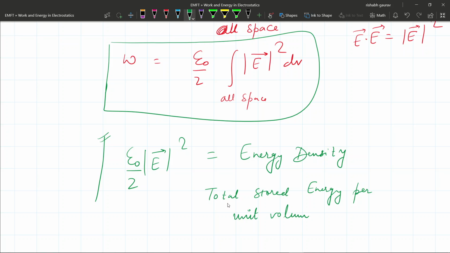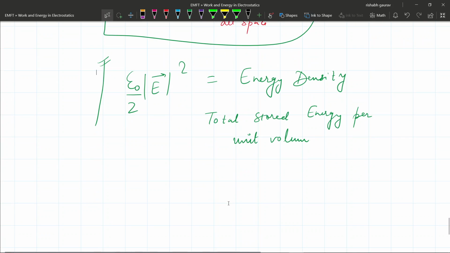This is the concept of energy density, and you can see that this energy density is proportional to the square of the electric field.